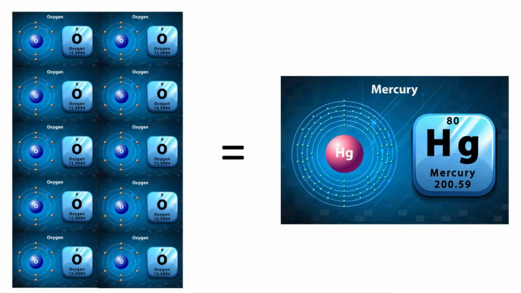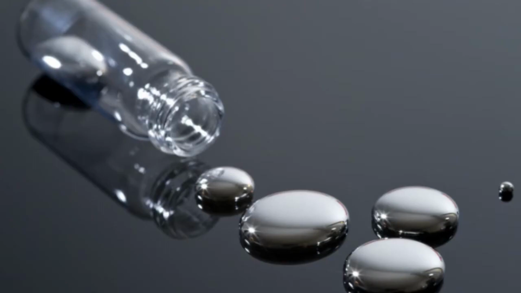The difference between the two is that the 80 electrons that orbit around the 10 nuclei on the left side of the equation produce a different kind of information and a different vibration to the 80 electrons that orbit a single nucleus on the right side. Mercury is just as neutral and non-toxic in terms of its subatomic constituents as oxygen.